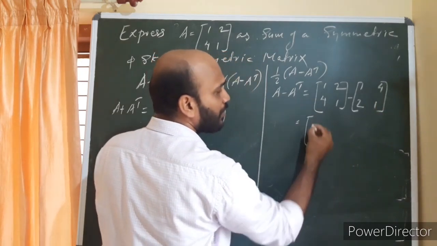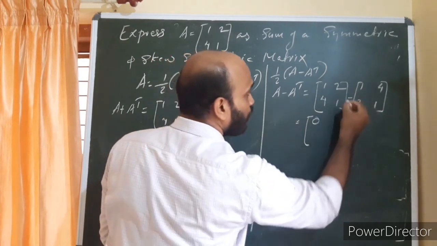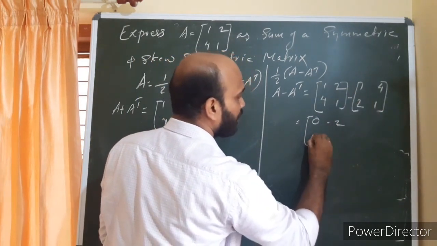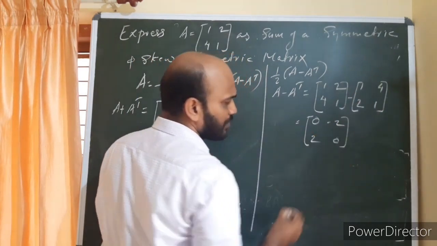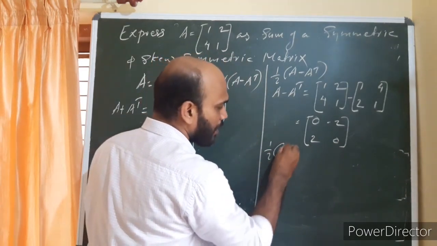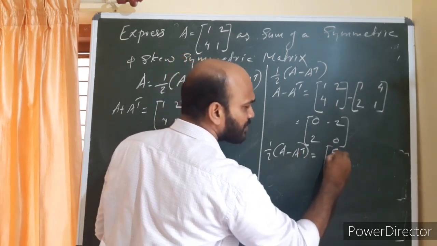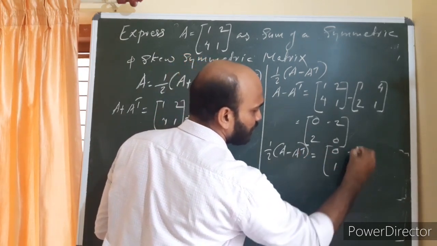So if we subtract, we will get 0. Diagonal elements are becoming 0. 2 minus 4, that is minus 2. 4 minus 2, 2, 0. This is clearly a skew symmetric matrix. So half into A minus A transpose is equal to matrix 0, minus 1, 1, 0.